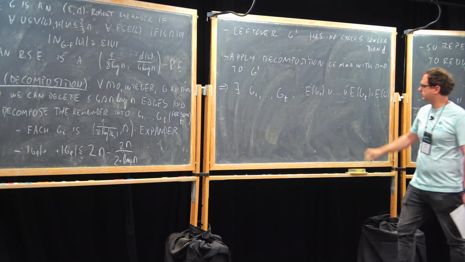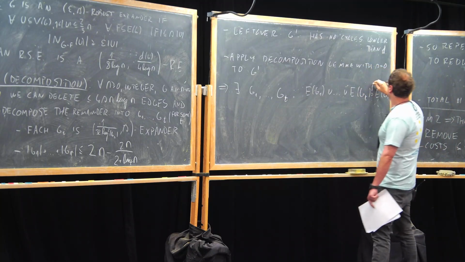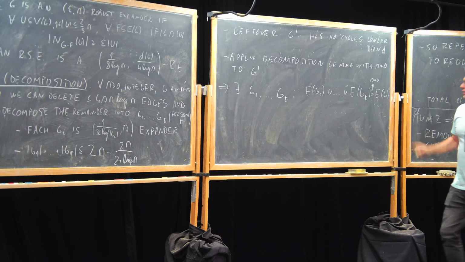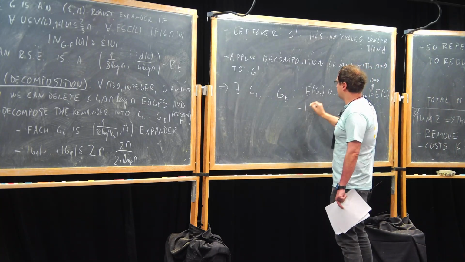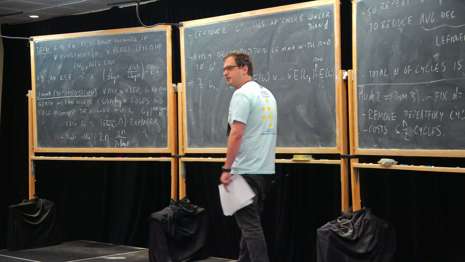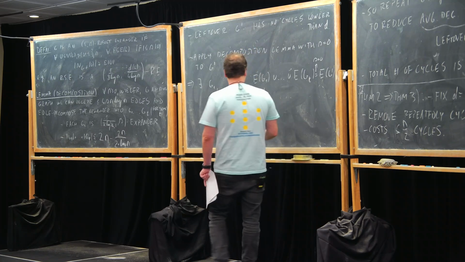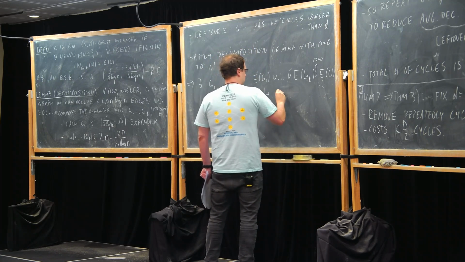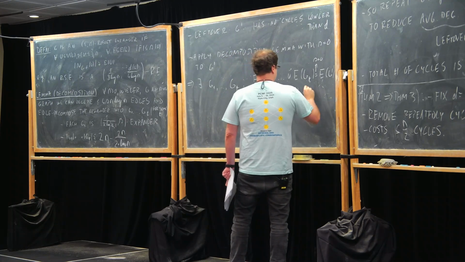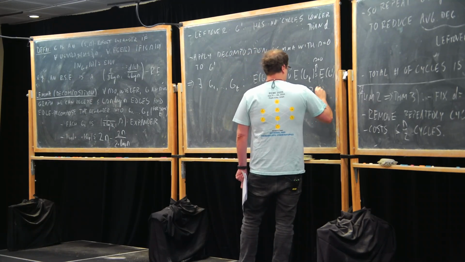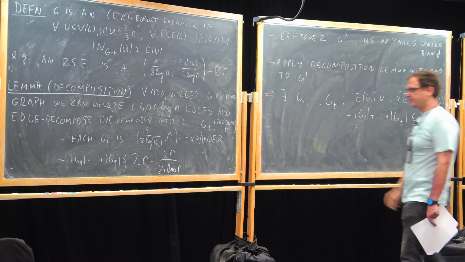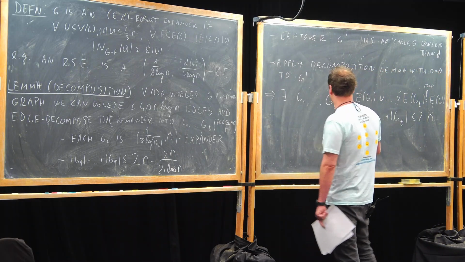Because s is 0. What we also know is that they aren't much bigger when you sum up their orders compared to G or G prime itself. And each of them is an expander.